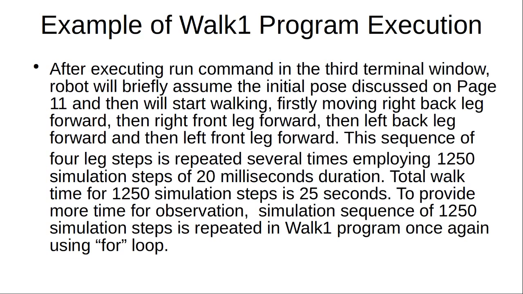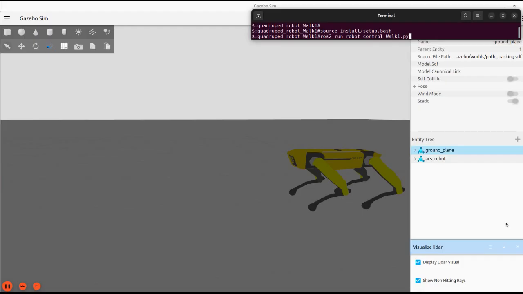To provide more time for observation, simulation sequence of 1250 simulation steps is repeated in walk 1 program once again using for loop. After the command in the second terminal window is executed, Gazebo is launched, and you will see robot standing at the right side of the Gazebo plane.